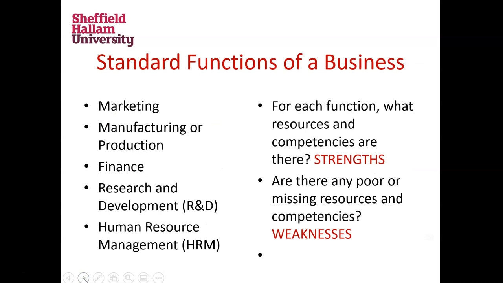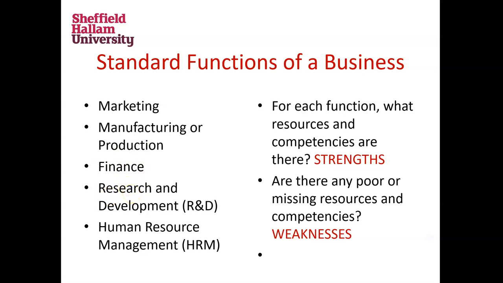So all I have here is down the left hand column, I have a list of the main functional areas of a business. So we have marketing, we have manufacturing or production, the making of the goods or the service. We have finance, we have research and development.